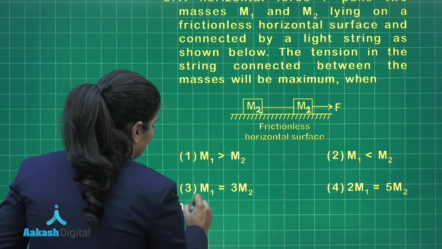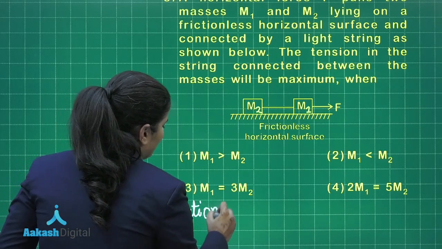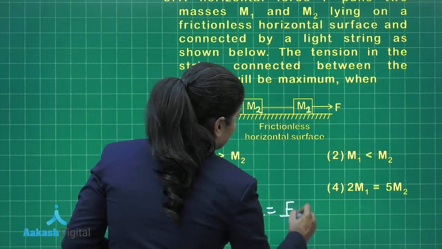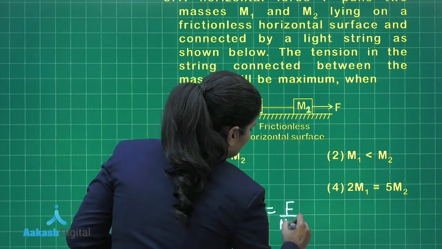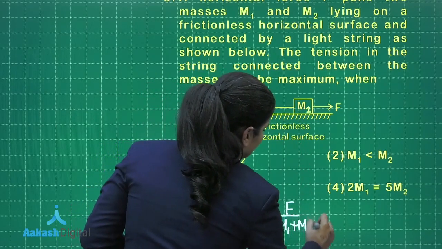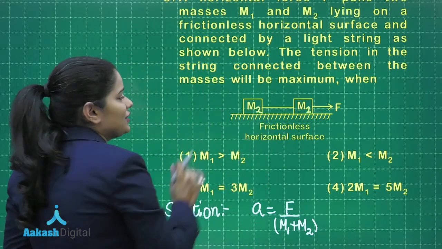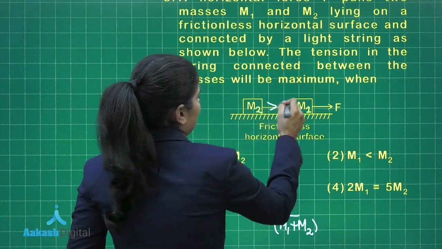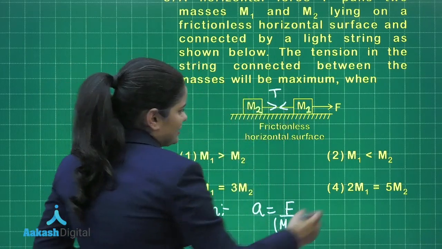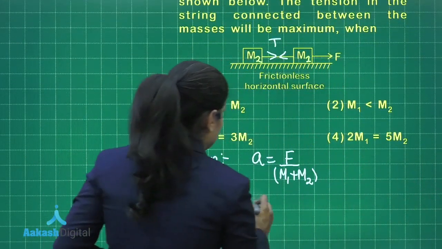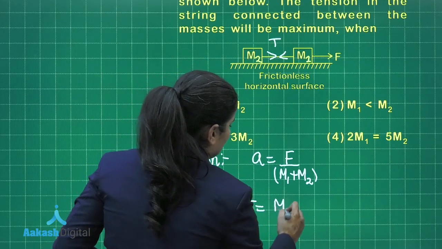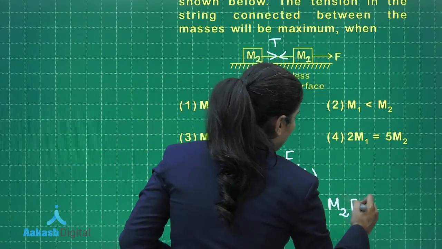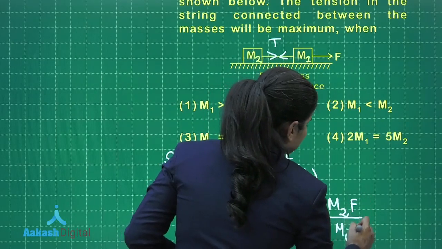So if I just write down the solution for this particular question, we know the acceleration of this system is going to be F divided by the sum of the two masses, that is m1 plus m2. Now the tension in the string is going to be T, and T will be given by m2 into A, that is m2 into F upon m1 plus m2.